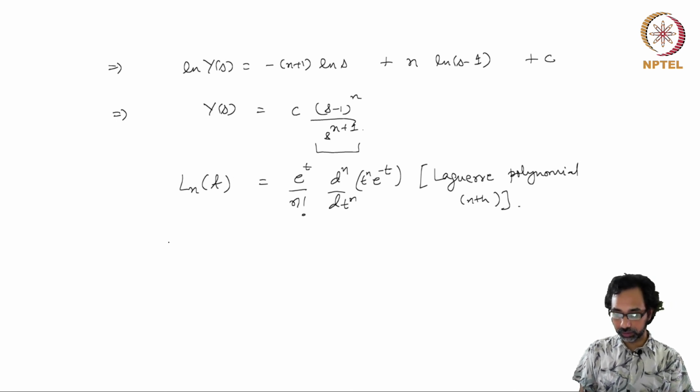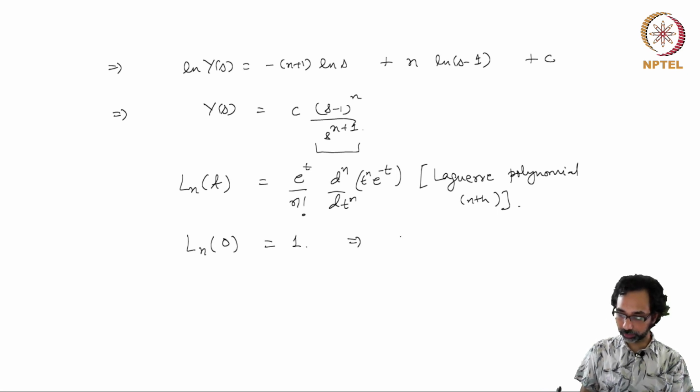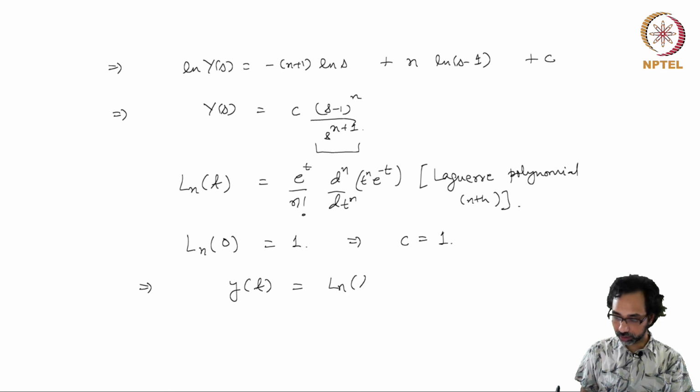So we can easily compute that the Laguerre polynomial at t equal to 0 is simply 1, and so this implies that c equal to 1 as well, and so y(t) is the nth Laguerre polynomial L_n(t).